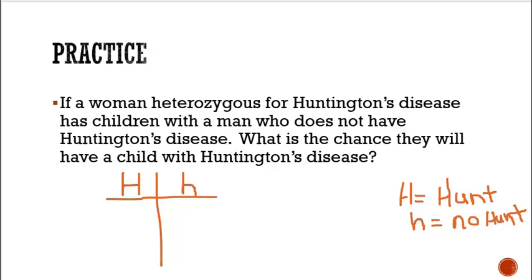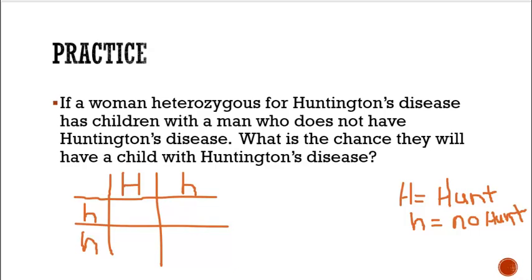A woman heterozygous for Huntington's disease has children with a man who does not have Huntington's disease. If he doesn't have Huntington's disease, what do you think his genotype is? No Huntington's is recessive, so he has to have two recessive alleles, or be homozygous recessive.